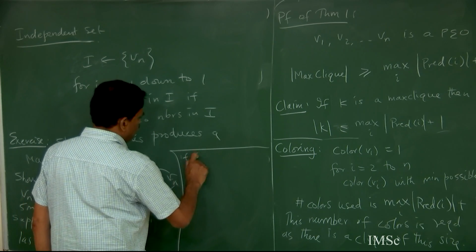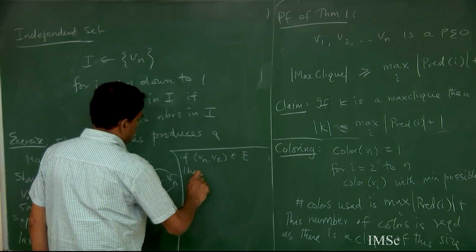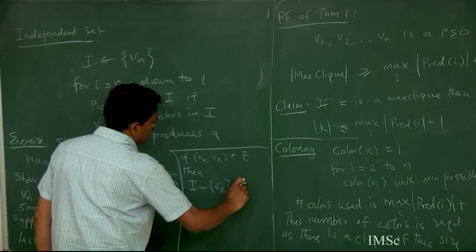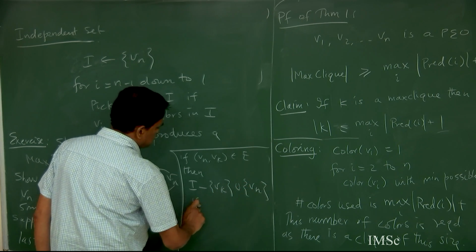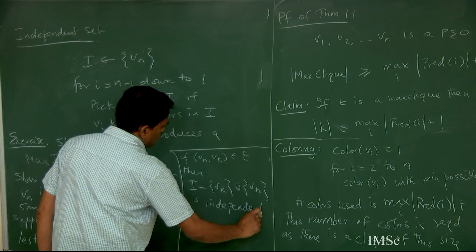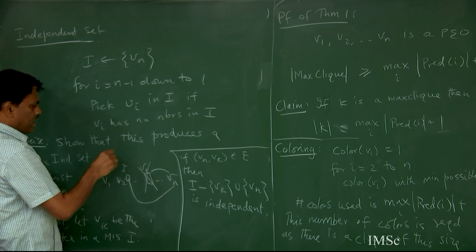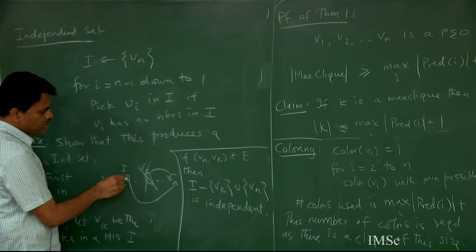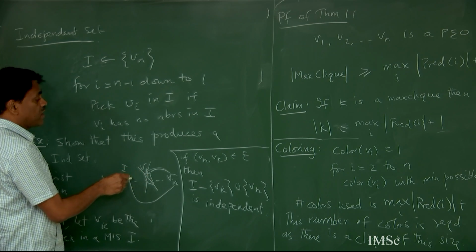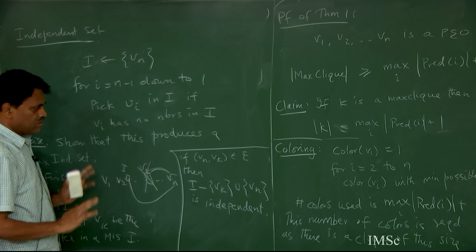If VnVk is an edge, then I minus Vk union Vn is independent. Why? Because if Vn had an edge to some vertex of I minus Vk, then because of this edge, Vk should also have that edge, but you said it was an independent set initially, so this is not possible.